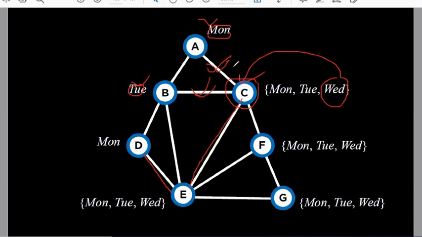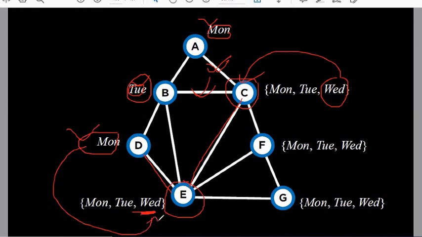So one inference. Then, if we use Monday here, Tuesday has been used here, so we can infer that Wednesday is the only option remaining here. Okay, we inferred that. If we use Monday here, we have to use Wednesday here. So আমরা আরেকটা জিনিস infer করে নিলাম.